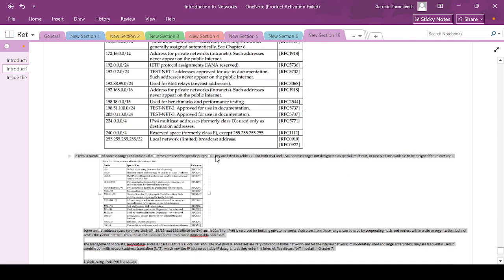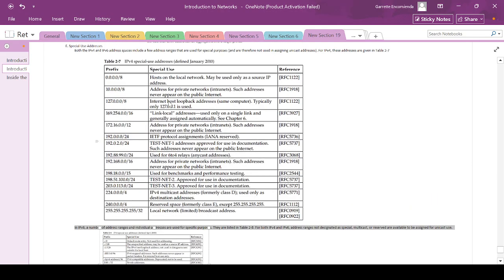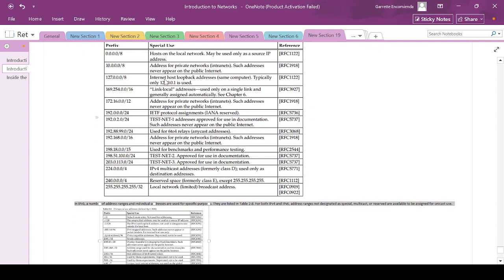So here, as you can see, we have this special use prefix 0.0.0.0/8 for hosts on the local network, and 10.0.0.0/8, addresses for private networks or intranets. There's also the internet host loopback address, and the link local address used only on a single link and generally assigned automatically.